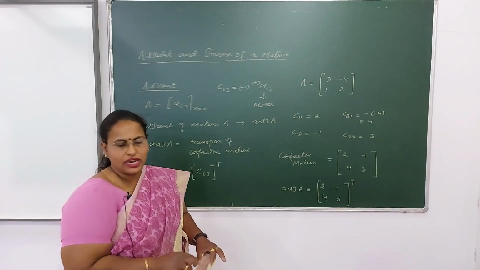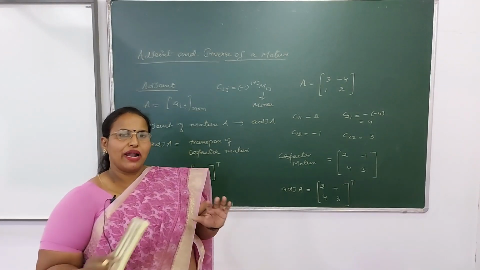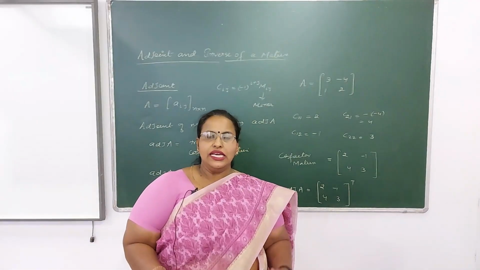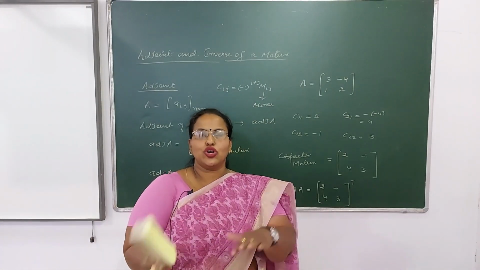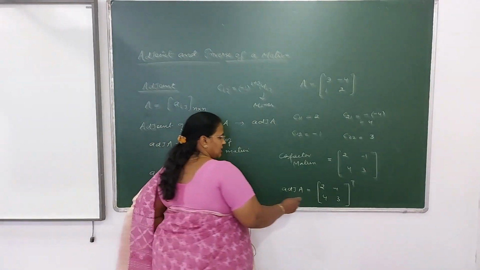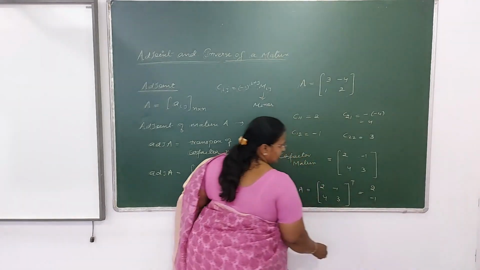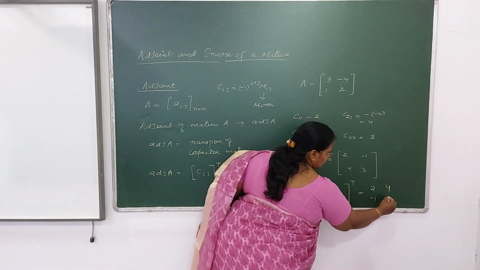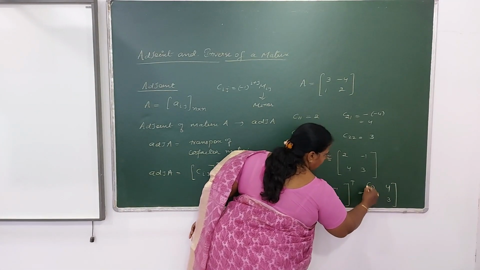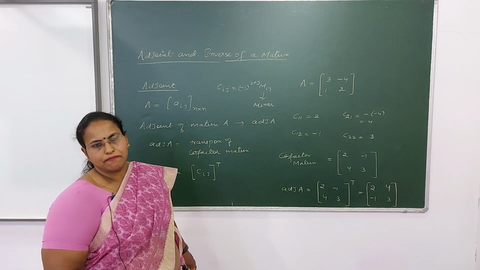Now you know very well how to obtain a transpose. The transpose of a matrix is obtained by changing either row to column or column to row. So this is the first row, we'll make it the first column. This is the second row, make it the second column. That way you can get the adjoint of the given matrix A.